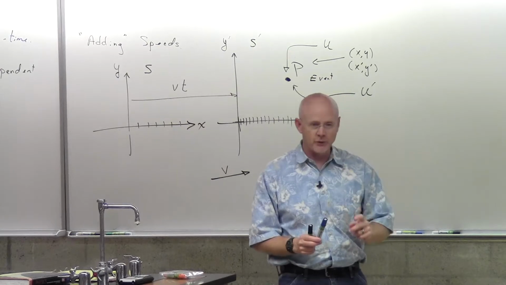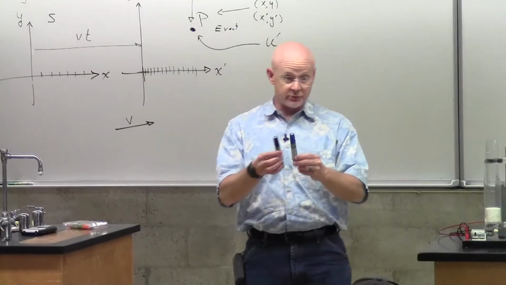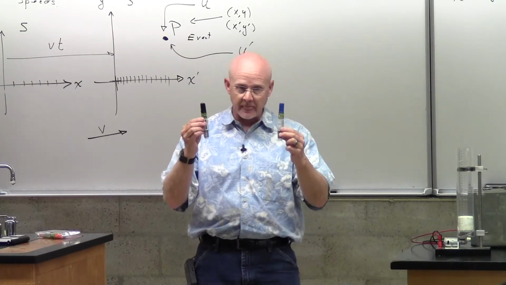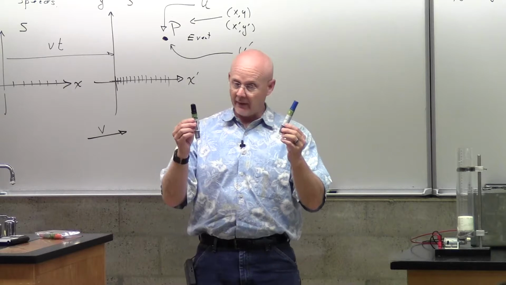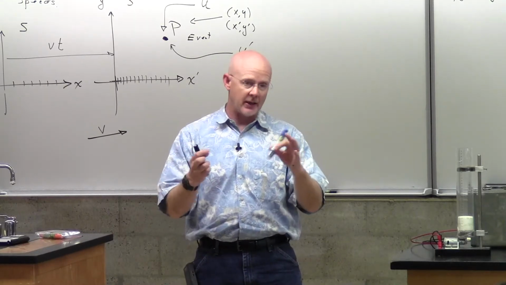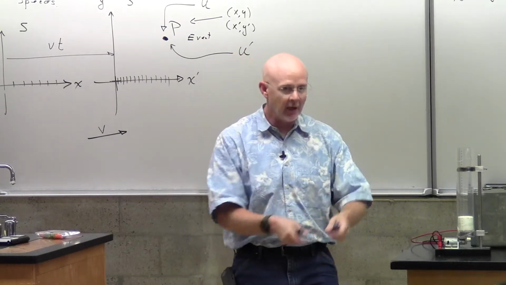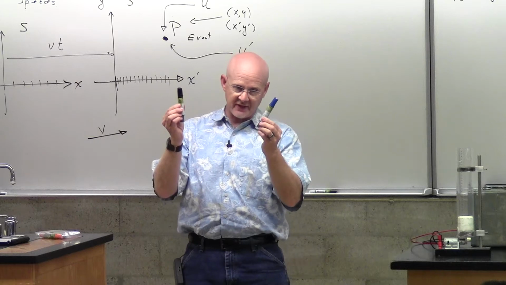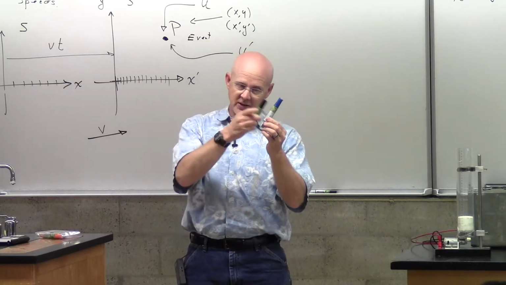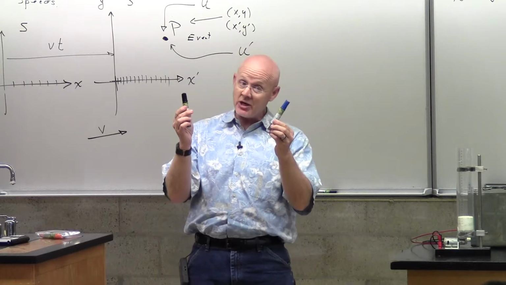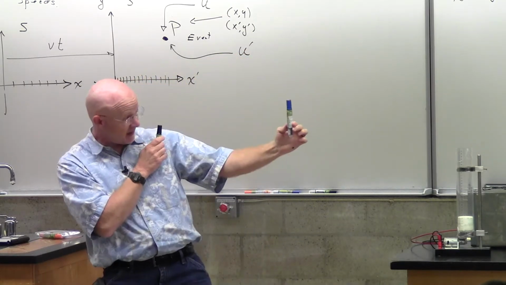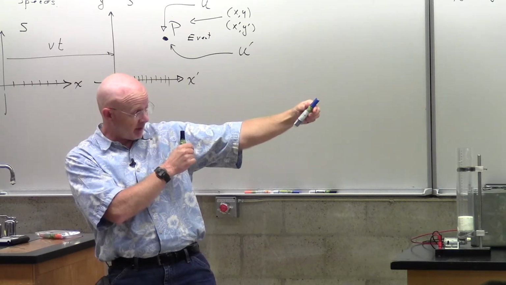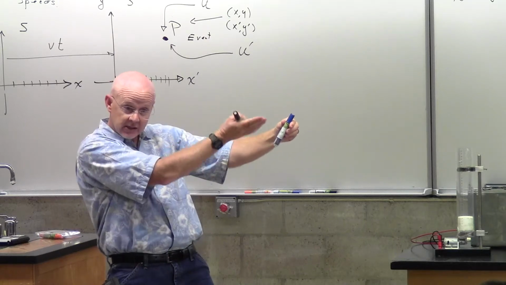But again, if the picture I left with you on Thursday helps, here are 2 rods, if you will. I would say they are the same length. But if I rotate them, and for simplicity, I'll say I just rotate them in xy instead of rotating them in xt. If this person looks at this one, it says this one is moving relative to this one. That's like a rotation. And so as this person looks back at this one twisted, if there was a shadow on the wall, it actually occupies less on the x-axis because it's rotated.